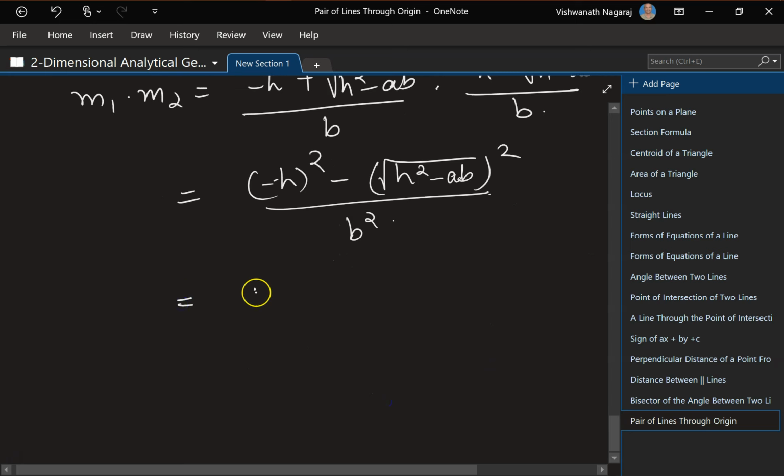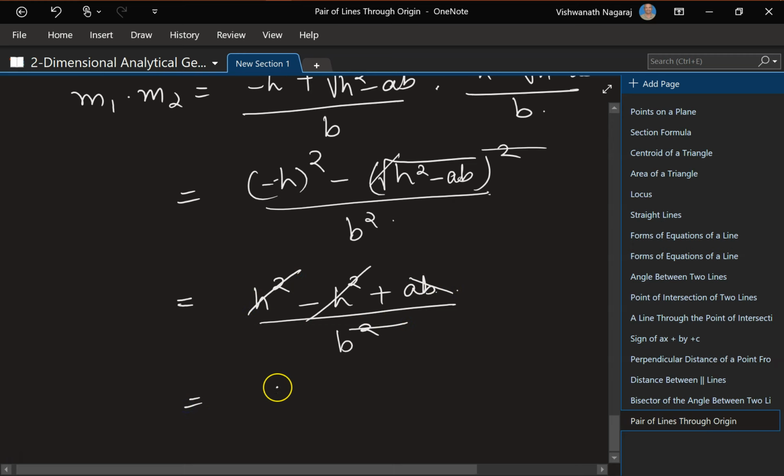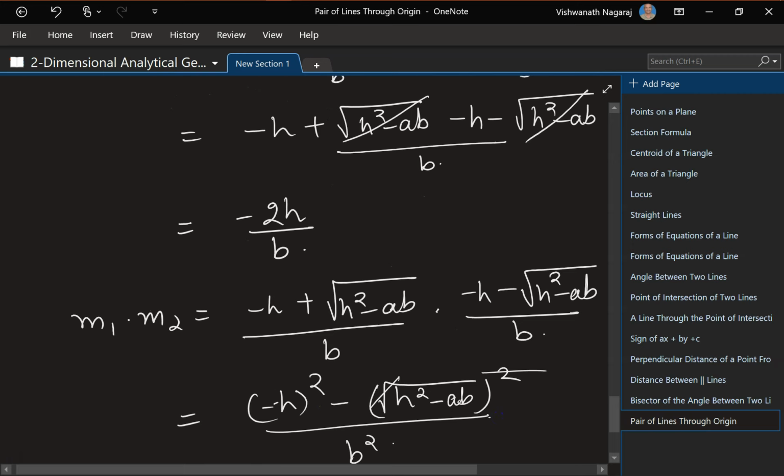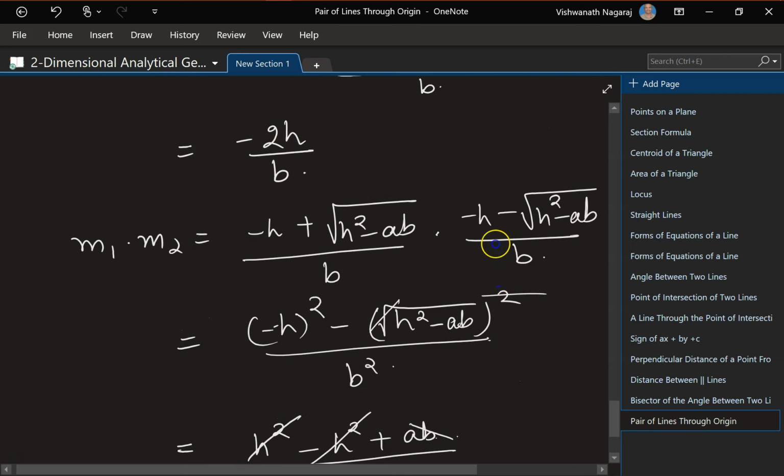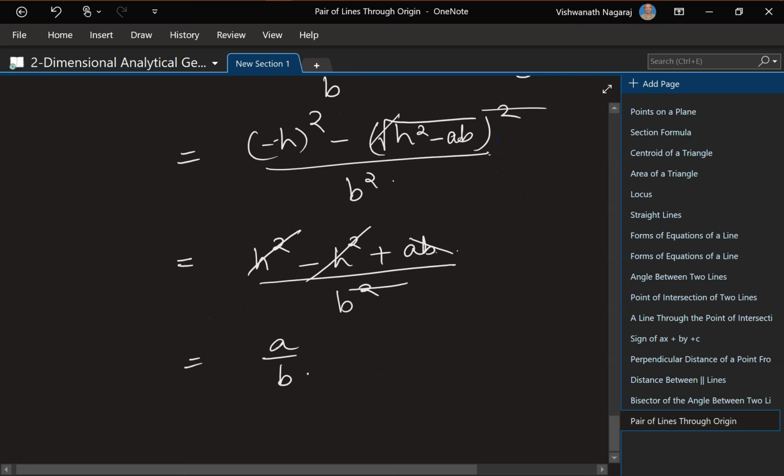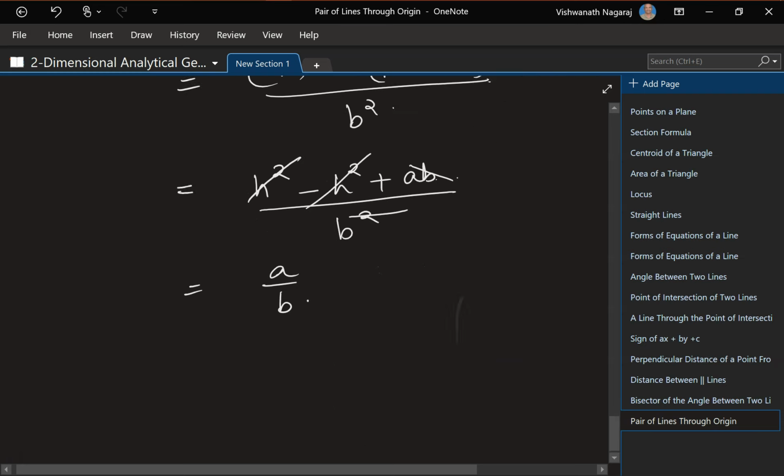So this becomes h square minus, and the square root and the square get cancelled, and if we remove the bracket, this becomes minus h square plus ab, by b square. This and this get cancelled, and we are left with a by b. So the sum of the slopes is minus 2h by b and the product is a by b.